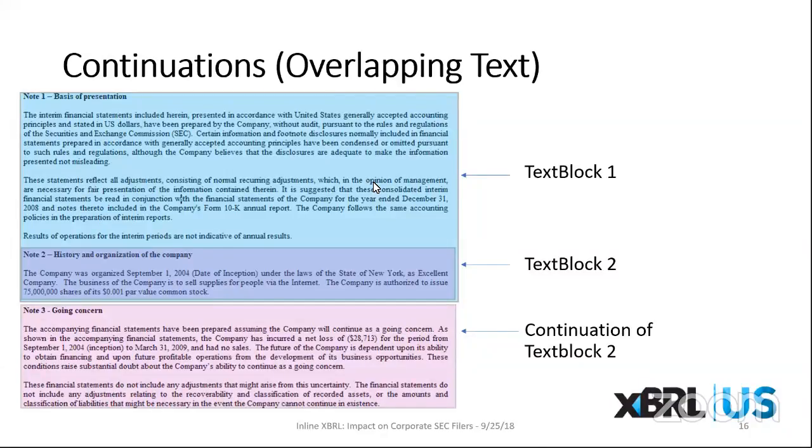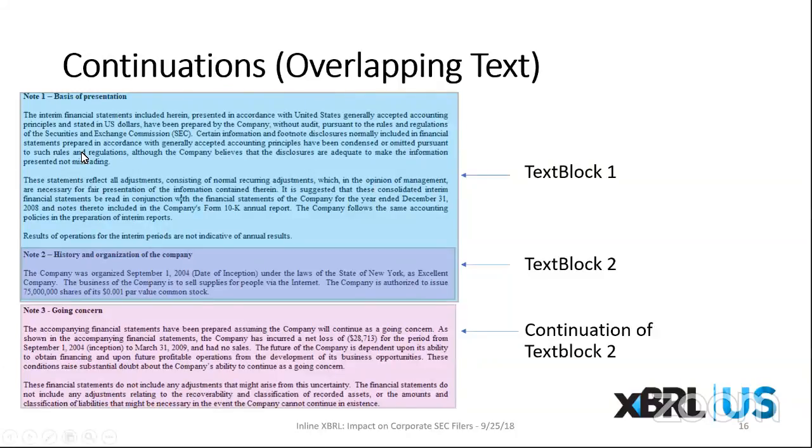Without using continuations, we cannot do this. But if we have Note 1 with a single text block covering Note 1 and Note 2, within that block, we can tag Note 2 as a separate text block, and then we can tag Note 3 as a continuation of the Note 2 text block. This avoids any overlap between our text blocks and makes sure our HTML is well formed.